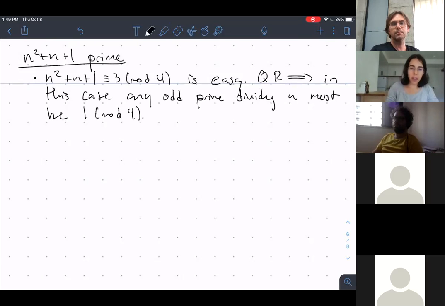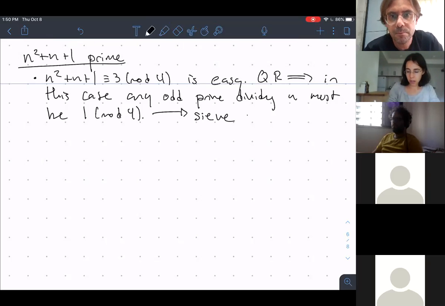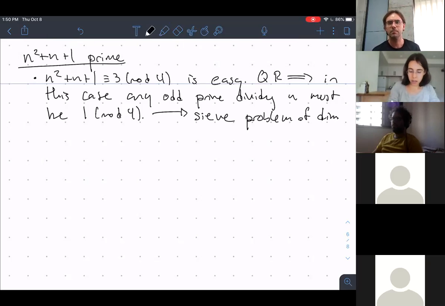So bounding the number of n that are the orders of a perfect difference set such that n squared plus n plus 1 is a prime that's 3 mod 4 is like bounding the number of n such that n squared plus n plus 1 is a prime, and n is only divisible by primes that are 1 mod 4. And this is also a sieve problem of dimension 3/2. So you easily beat n over log n.